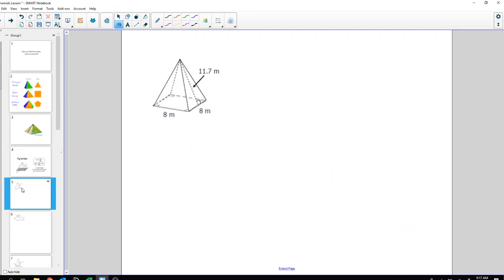If I start with this one here, I have a square pyramid. That bottom there is an 8 by 8 square. So if I start by finding my perimeter of the base, I'm looking again around this shape here. I have 4 sides that are all 8 meters each.